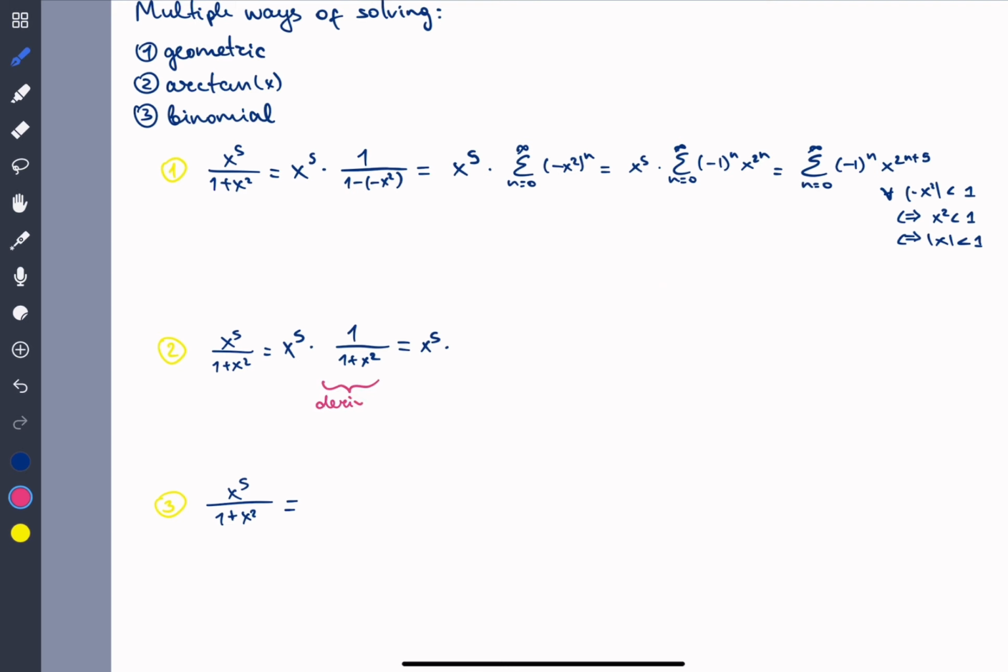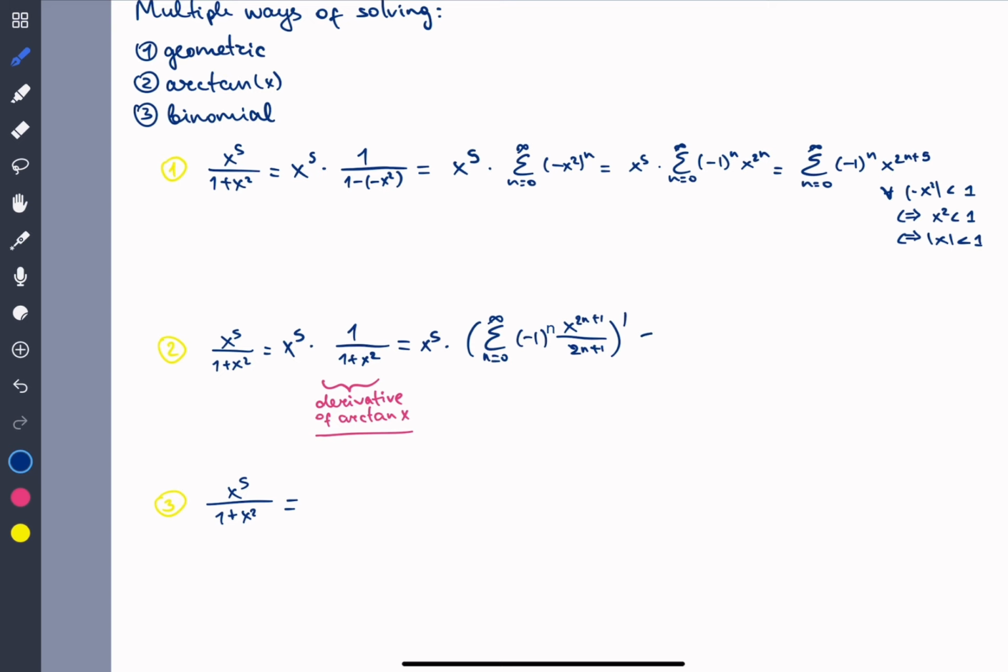Remember that. You have to see it or rewrite a function if you want to use arctangent x. So in this case, we get x to the power of 5 times the series from 0 to infinity of minus 1 to the power of n times x to the power of 2n plus 1 over 2n plus 1, derivative. So we need the derivative of that series.